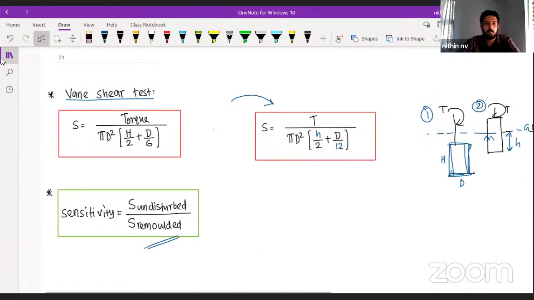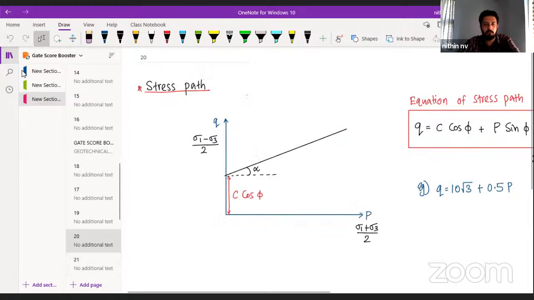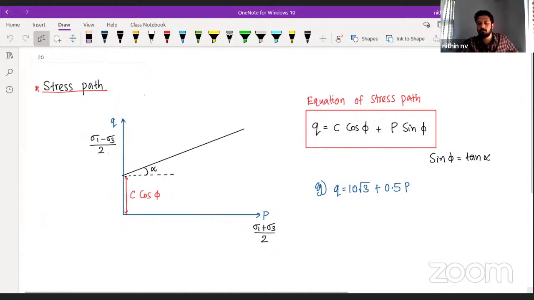Simply check it. Now, one thing I will discuss: stress path, which I got doubts about a lot of times in our LMS. Stress path means very simple. Either we can draw for a total stress path or effective stress path. If it is effective stress path, instead of sigma 1, sigma 3, we'll have effective stress, sigma 1 dash, sigma 3 dash.